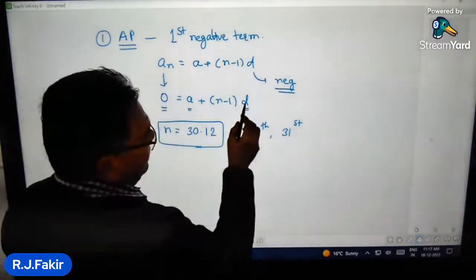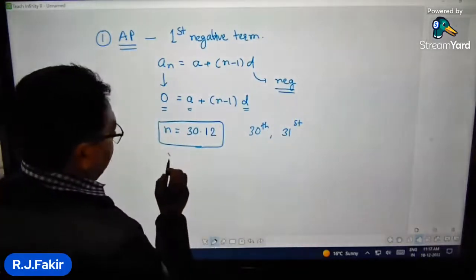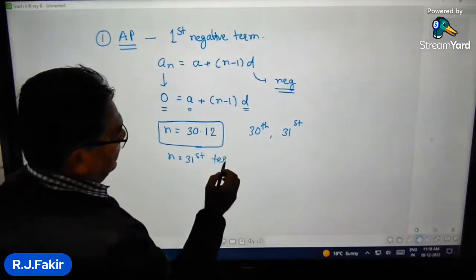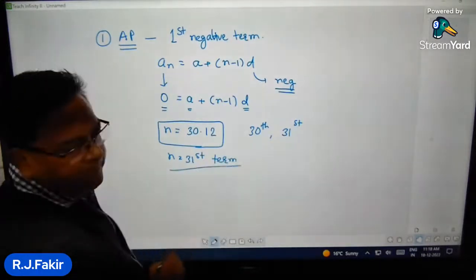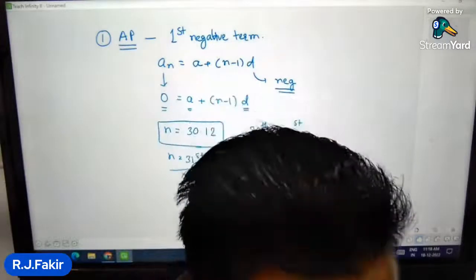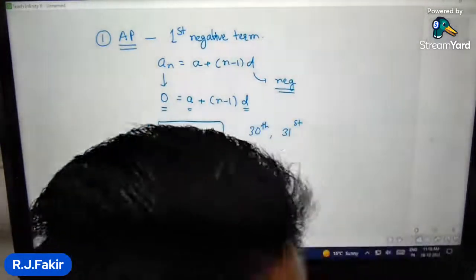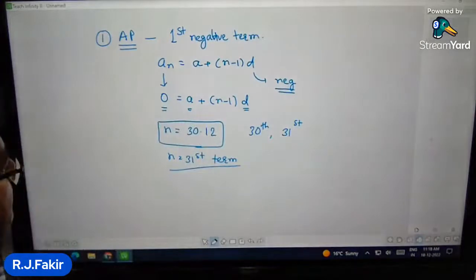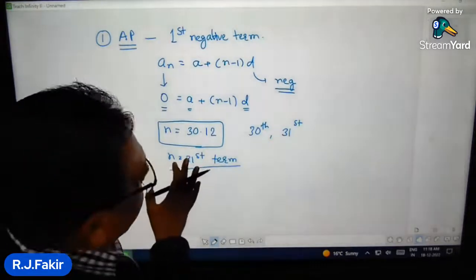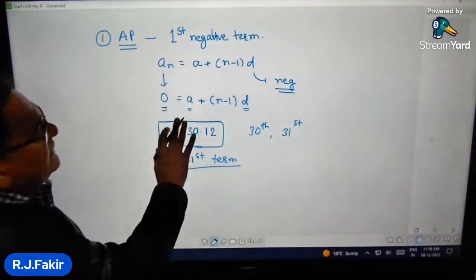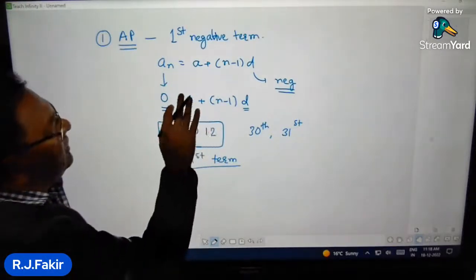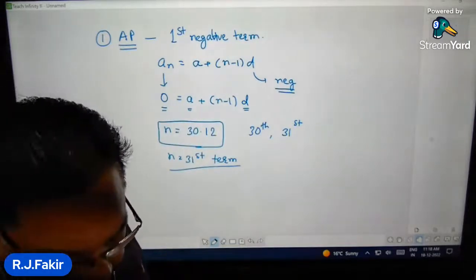But as the common difference is negative, surely the 31st term is going to be the first negative term of this AP. So such kind of logics you have to develop in solving the questions like this, where they ask which number term in that AP will be the first negative term.